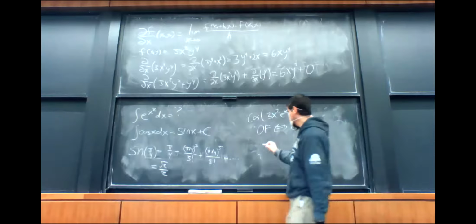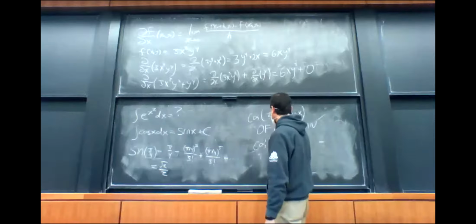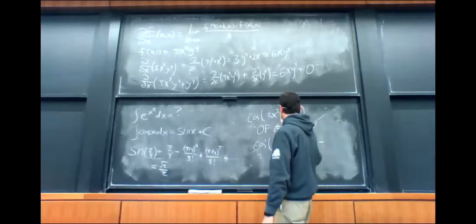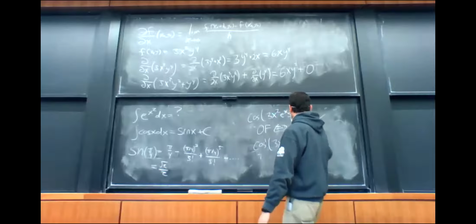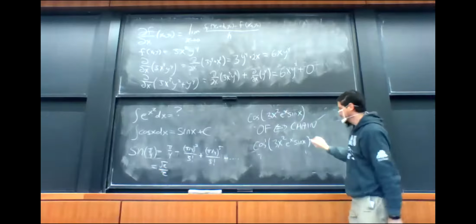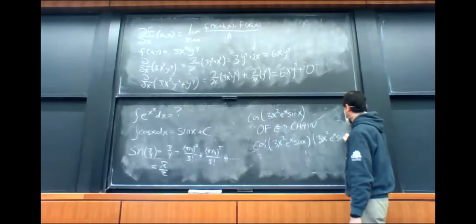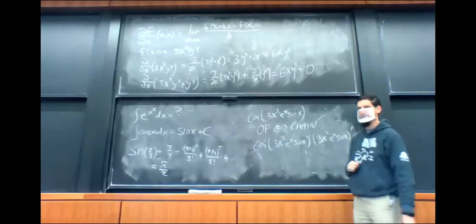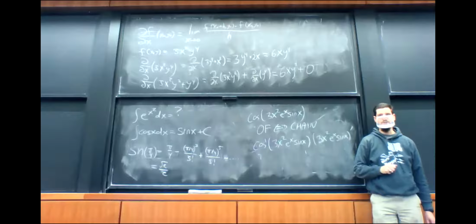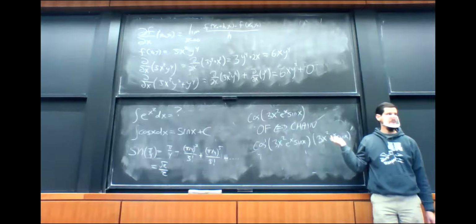So if I wanted to do it by chain rule, it would be cosine prime of 3x squared to the x sine of x, and then I have the derivative of the inside, 3x squared to the x sine of x. Now what do I do? How do I do this?